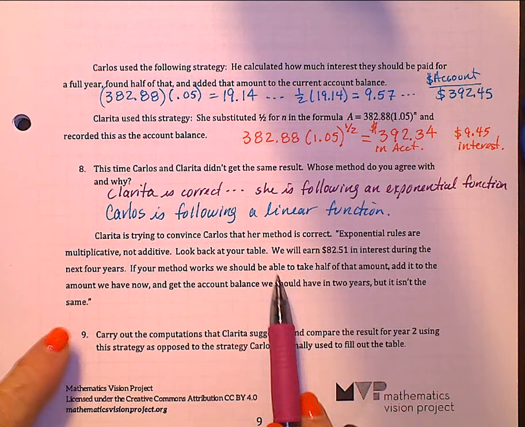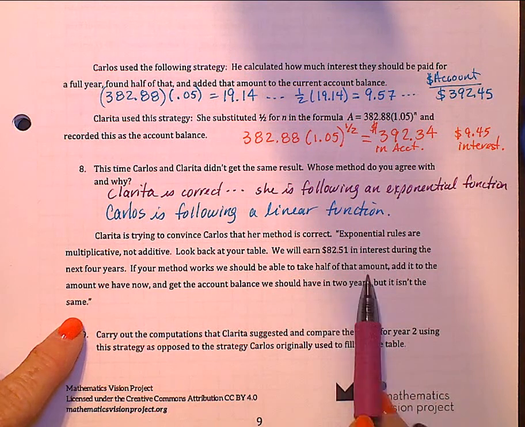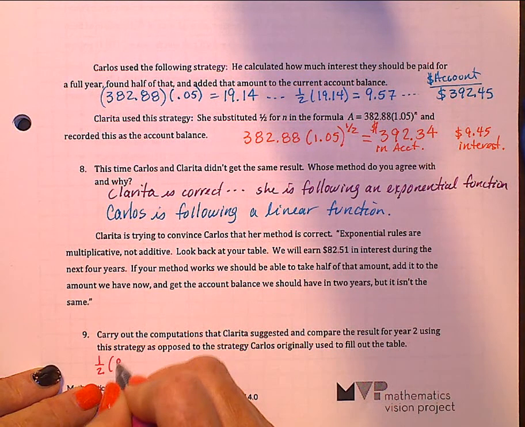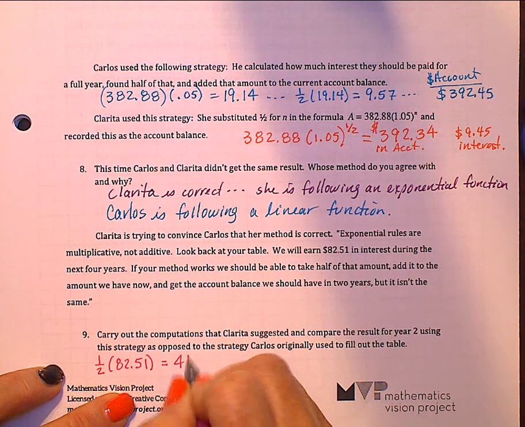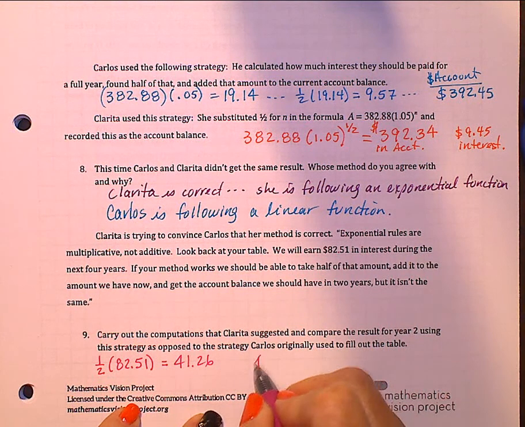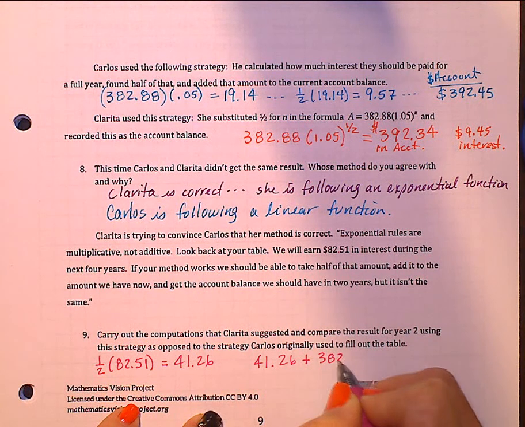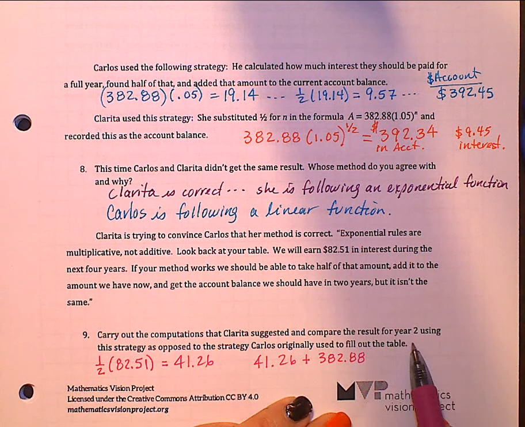She says if your method works, we should be able to take half of that amount. So half of the 82.51 they said, which is $41.26. Add that onto the account balance, so $41.26 plus the $382.88, and that should equal year 2 in the table.